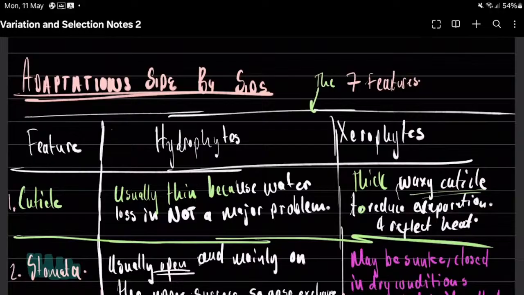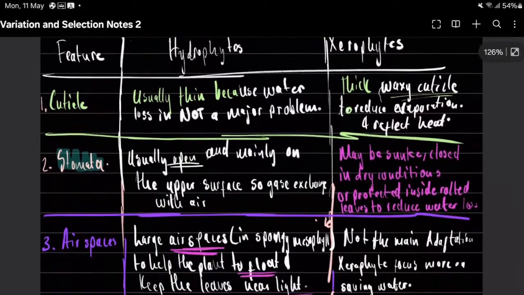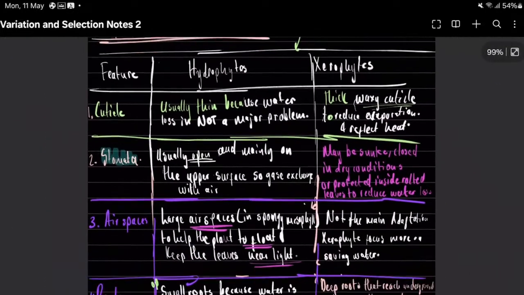Everybody listen. One of the most common questions for IGCSE biology is on adaptations. It almost always comes. When this chapter comes, a lot of the times it will be asking you natural selection versus artificial selection, and then it also asks a lot about adaptation. So just remember the adaptations of hydrophytes and xerophytes, please.